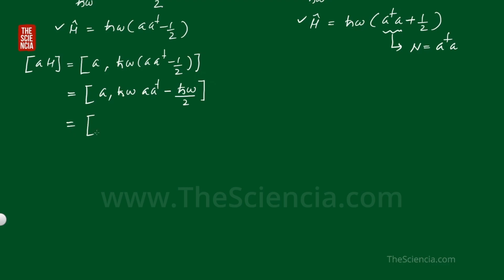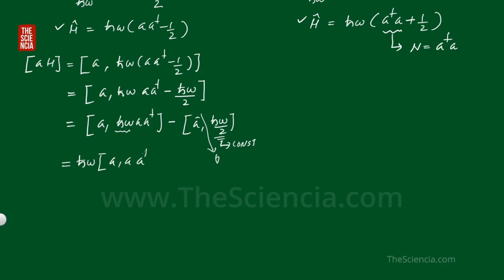That is equal to commutator A, H cross omega A A dagger minus commutator A, H cross omega by 2. Here this is an operator and this is a constant value, and I told you the commutator of an operator with a constant is equal to 0. And I can take this H cross omega outside because it is a constant value. That is equal to H cross omega times the commutator A comma A dagger.